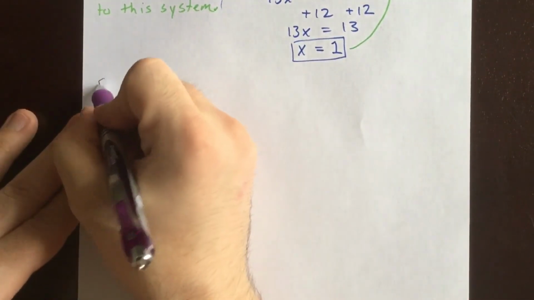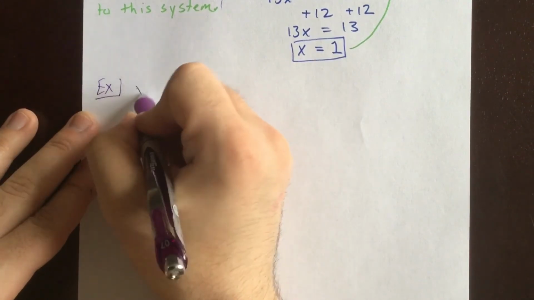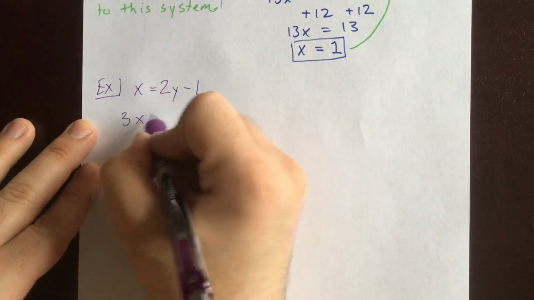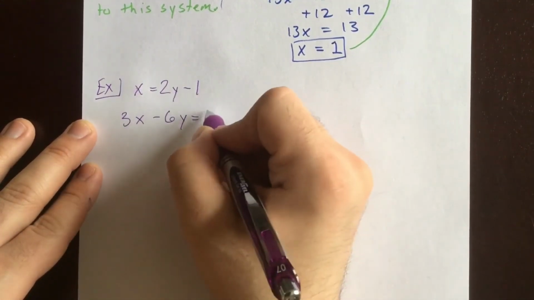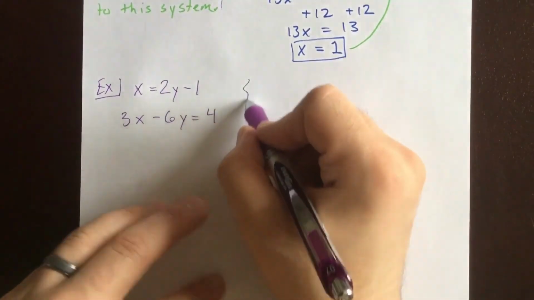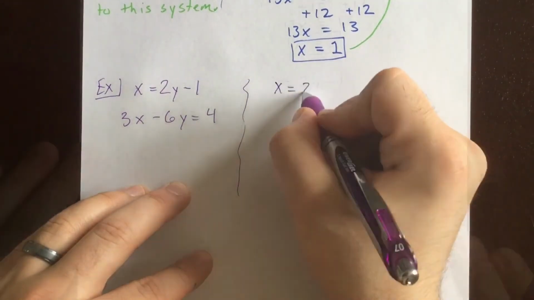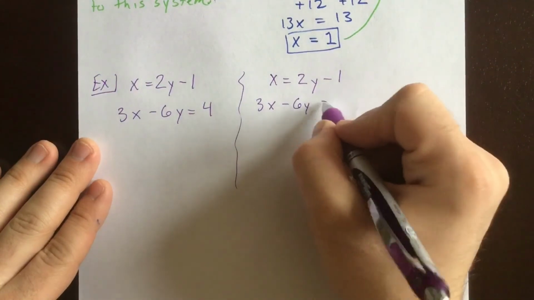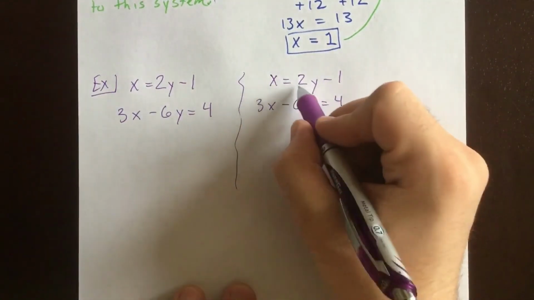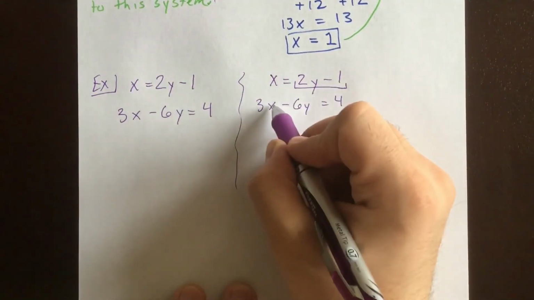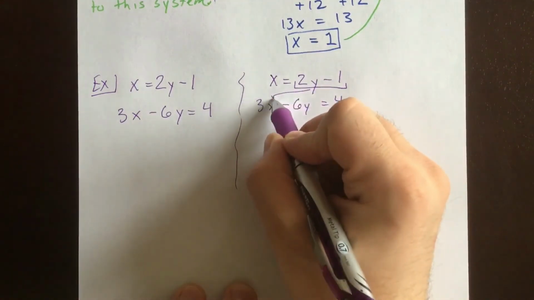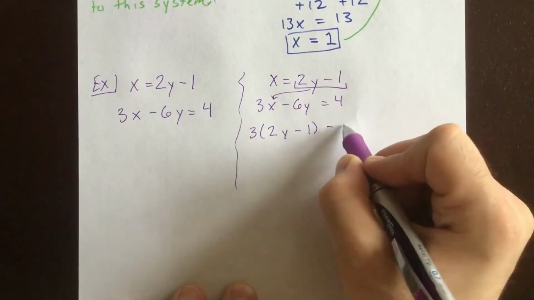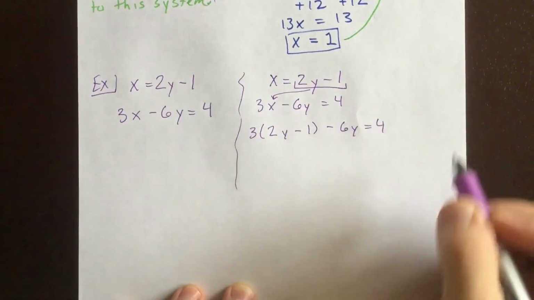Let's say we have this example of x equals 2y minus 1, and then 3x minus 6y equals 4. Having x equals, I'm going to replace x with 2y minus 1.